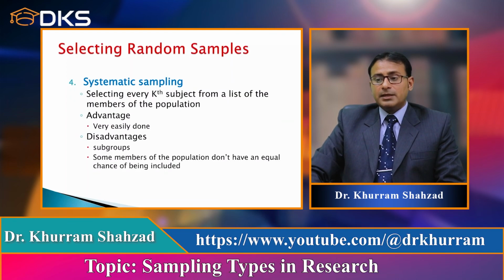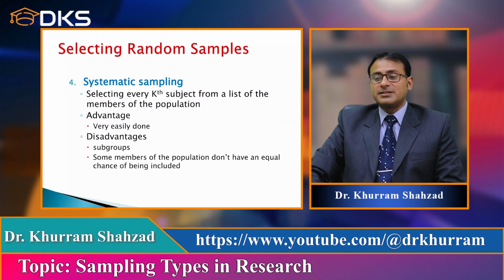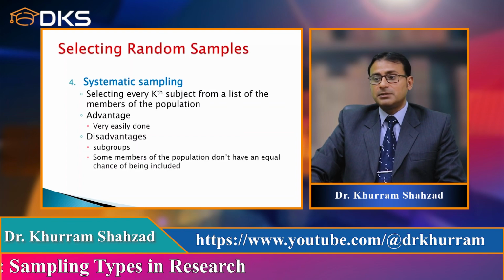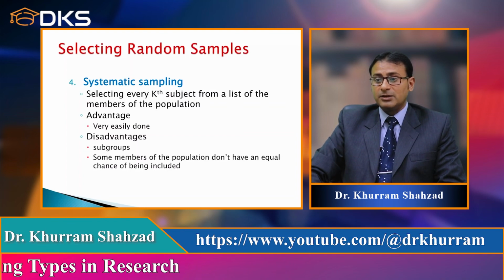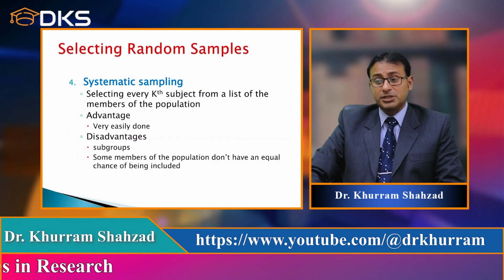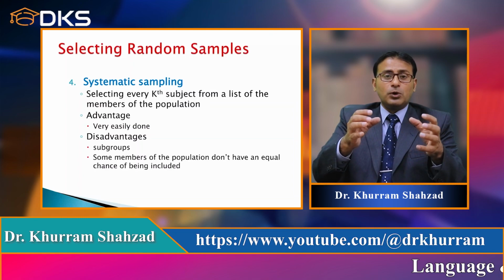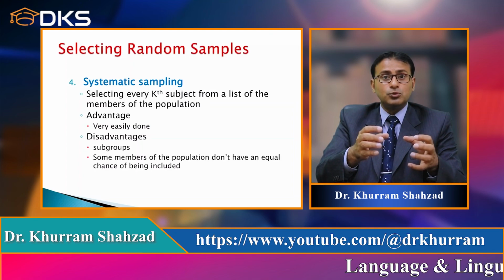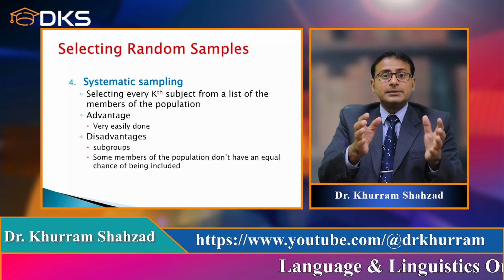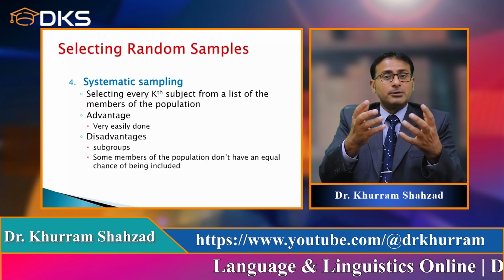Systematic sampling. Selecting every kth subject, every kth element, person or a thing from a list of the members of the population is called systematic sampling. Here what you are supposed to do is that once you have given the numbers to the population, then the first one will be randomly selected.